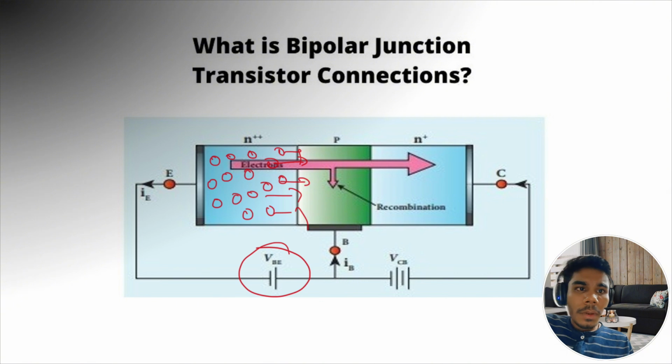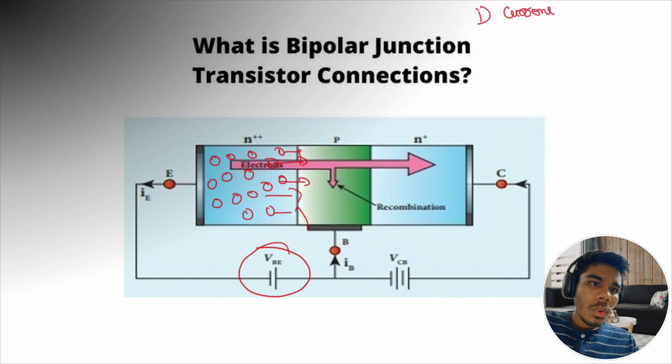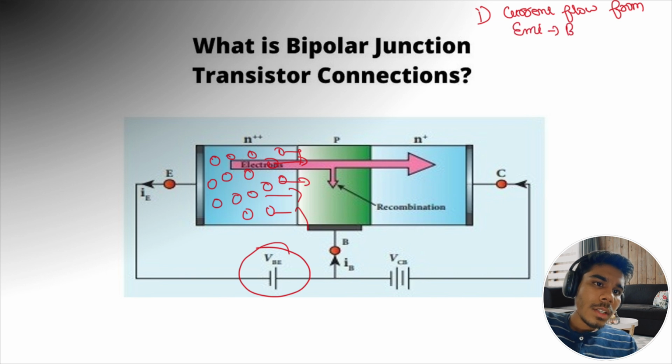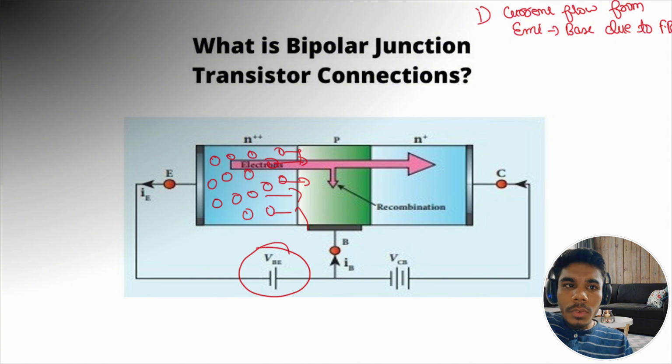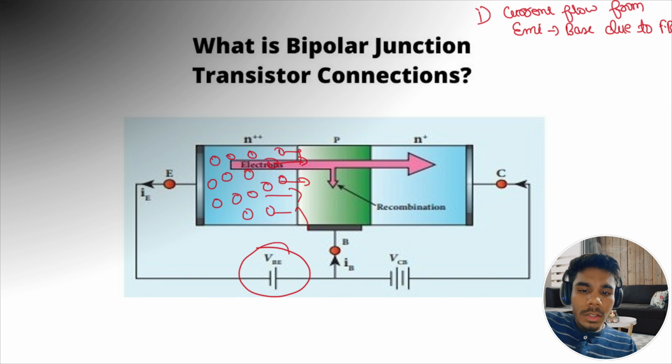Current flows from emitter to base due to forward biasing. That is the first thing: the electrons start flowing from the emitter region to the base region.